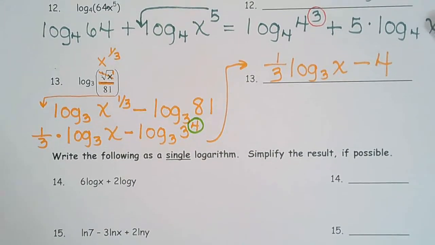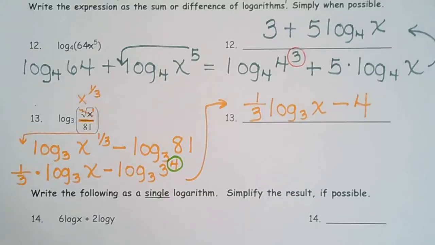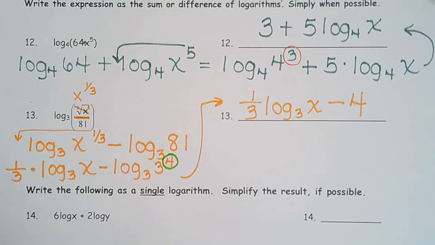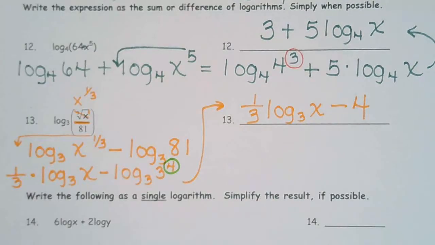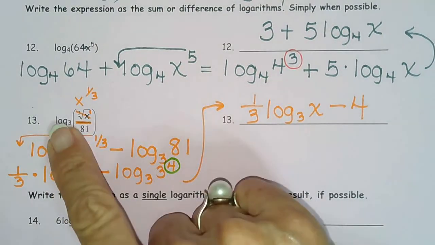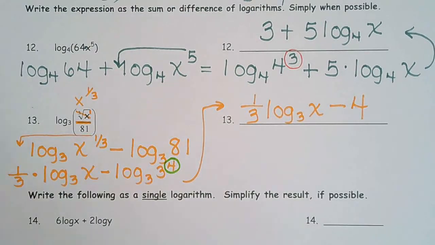Inverse property of logarithms. Okay, so those are called expanding, or this book uses a little bit different language, write as a sum or difference. So we took 1 log and wrote it as 2 logs. Sometimes it's 3 or 4. And then on this next set, we're going to be doing exactly the opposite.